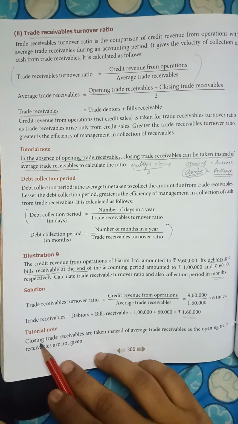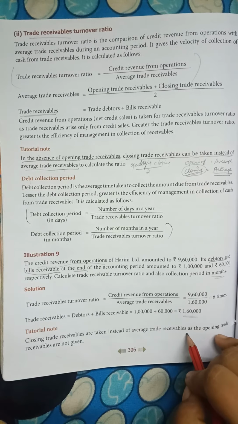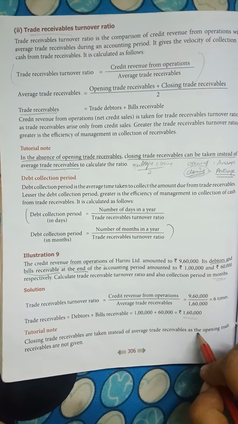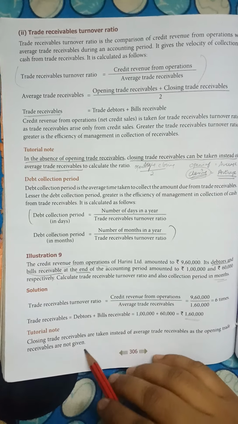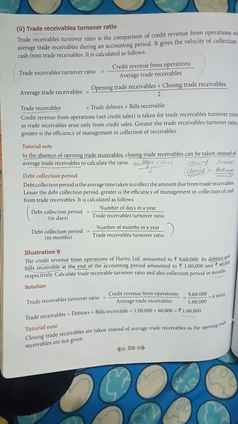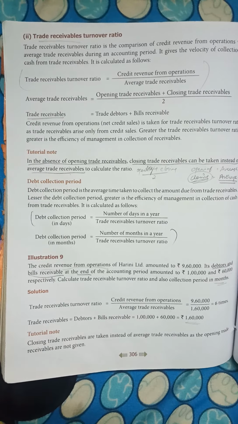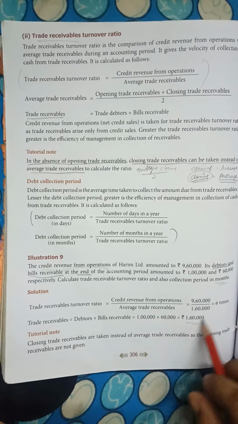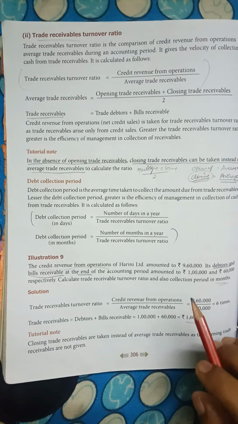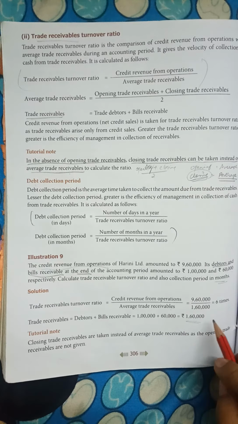Here you see closing trade receivables are taken instead of average trade receivables, as the opening trade receivables are not given, which means your opening debtors and opening bills receivable are not given. So you're treating your closing debtors and bills receivable together as your average trade receivables. You need not divide this by 2.